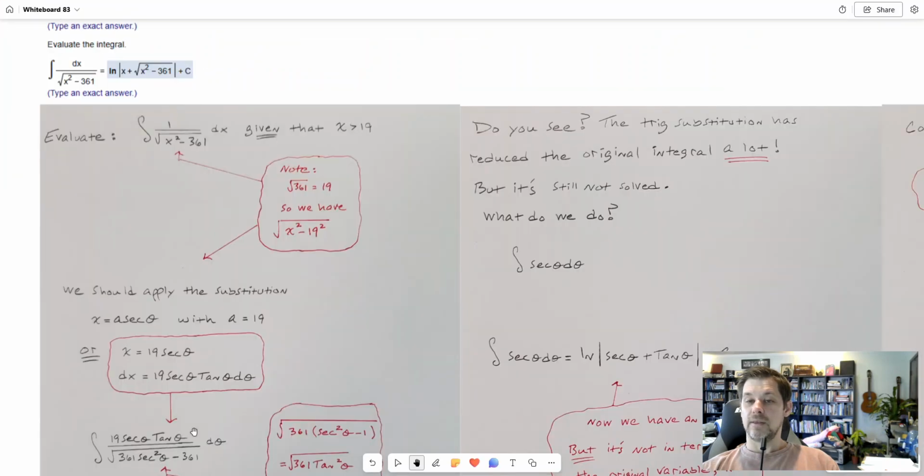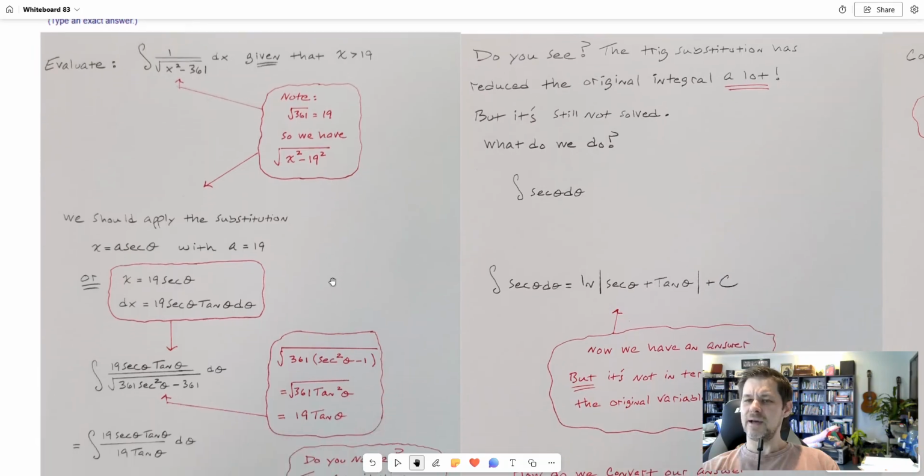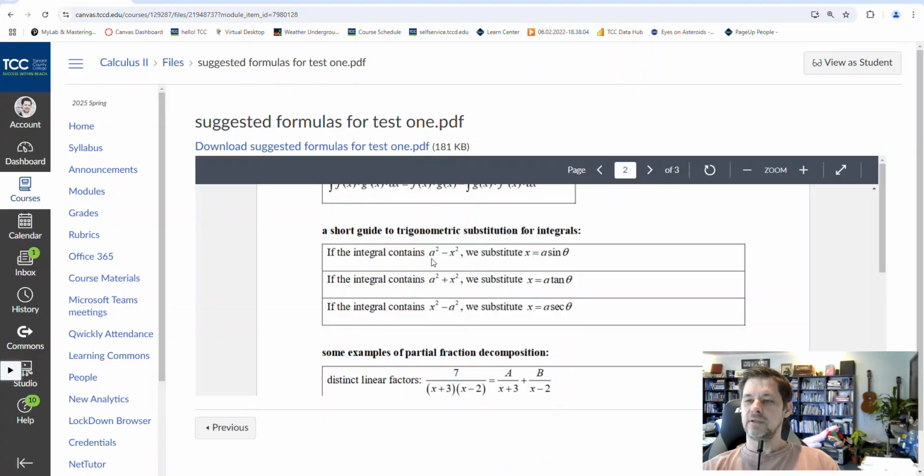So one thing I investigate is, well, it's 361. Is that something squared? Because it would seem to fit pretty nicely if it was. So in fact it is. Root 361 is 19. So this is x squared minus 19 squared. Now, if I go back and look at my guideline for substitutions, it's like this one, x squared minus 19 squared.